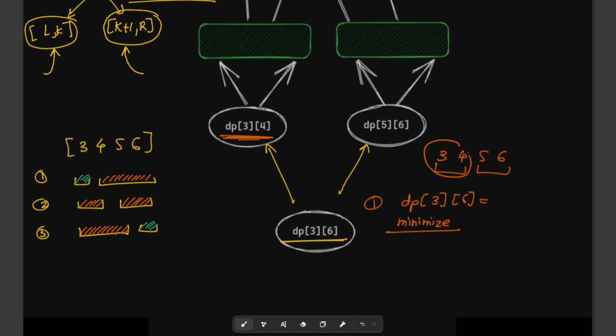So the answer for this subarray plus the answer for this subarray, so that we know what is the best cost to merge the intervals in the range 3 to 4 and merge the elements in the range 5 to 6, that will be denoted by dp34 and dp56.